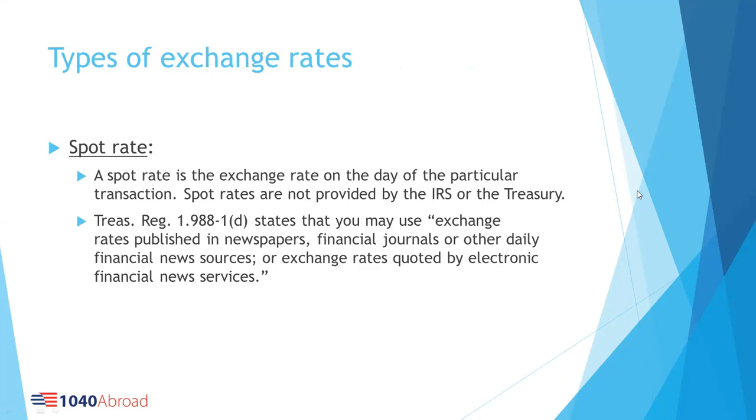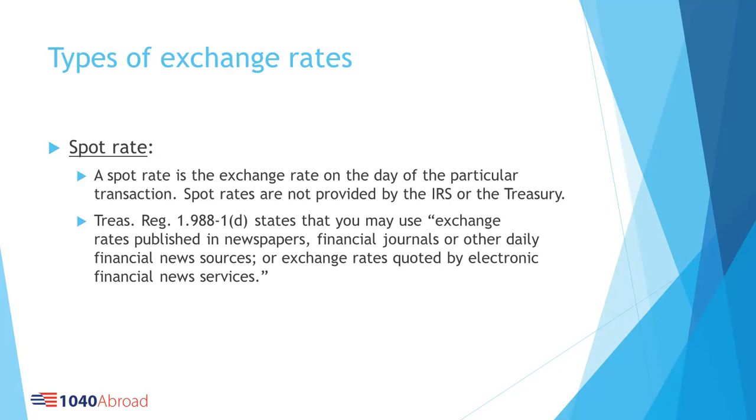So we have several options to use when it comes to exchange rates, right? The first one is the spot rate. The IRS does not disclose a spot rate. They simply say that you should use a reputable source on a consistent basis.